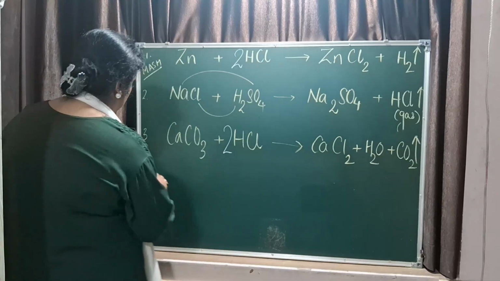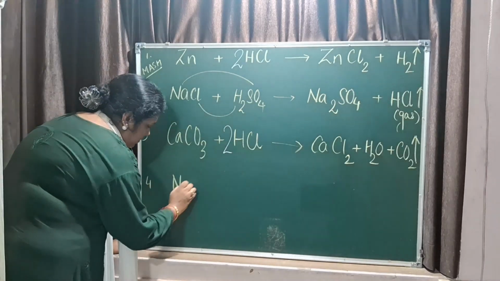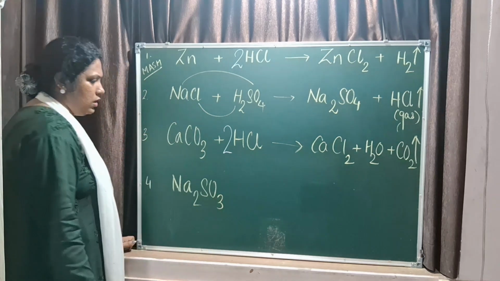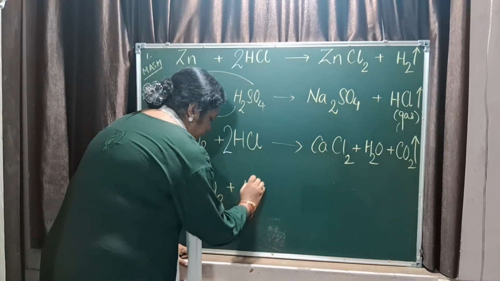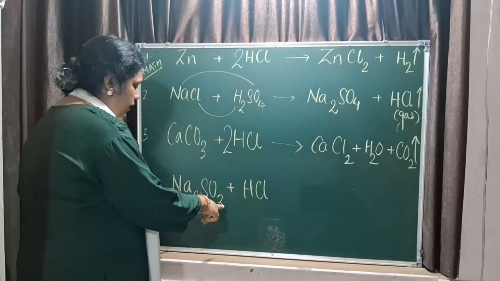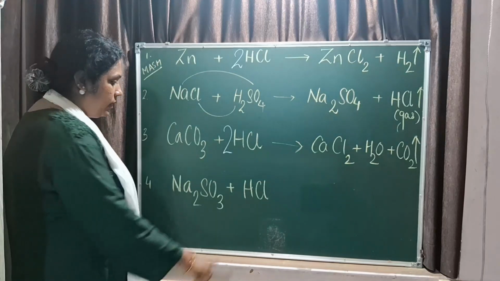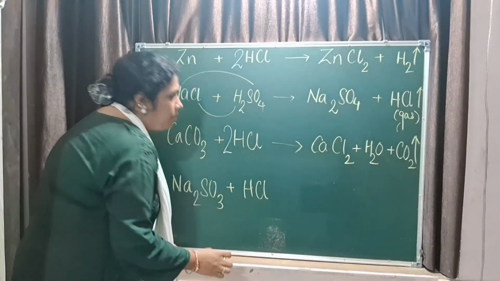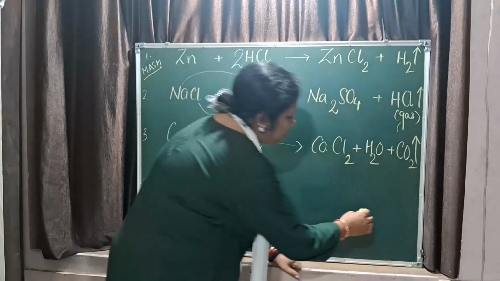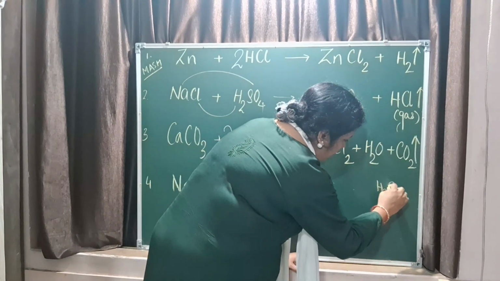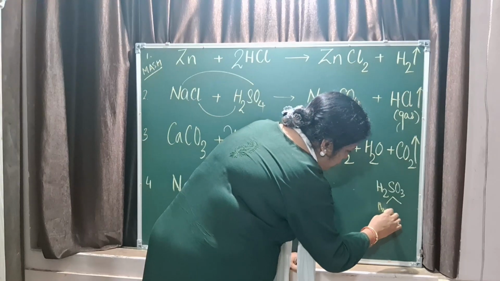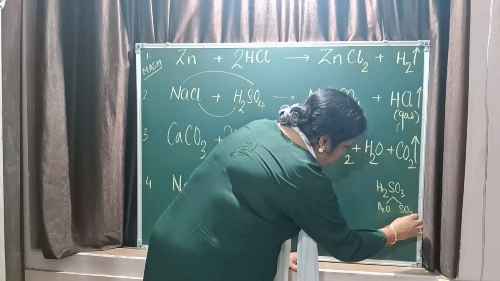Next reaction, let us take sodium sulfite, Na2SO3, when you treat with HCl. Now here Na and Cl will form sodium chloride, HSO3 will form a compound called H2SO3, and this will break down into H2O and SO2.